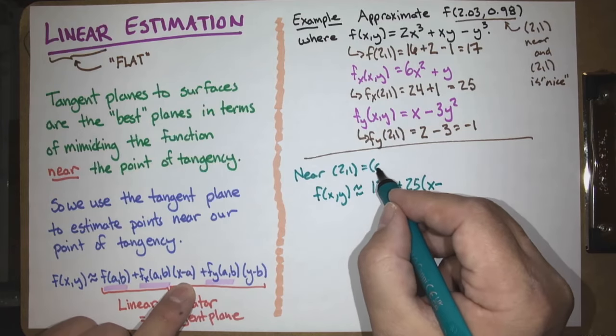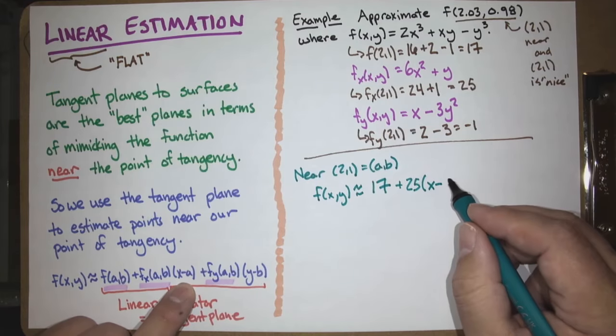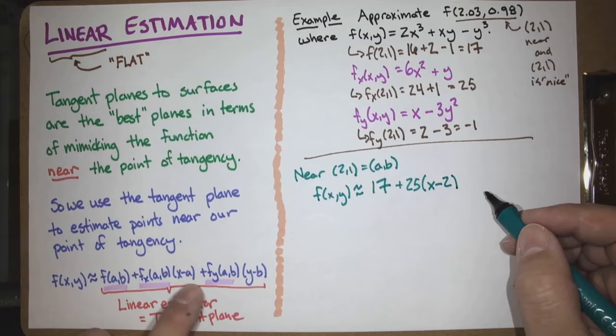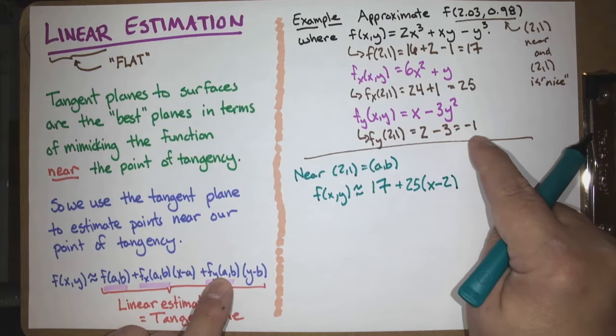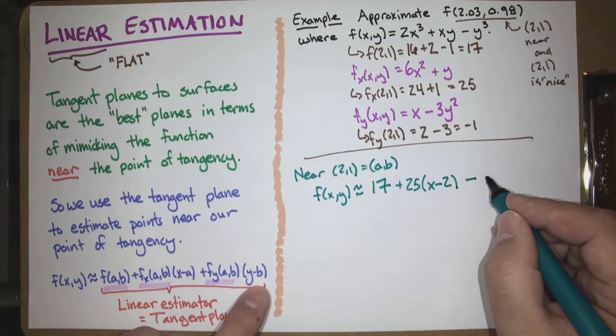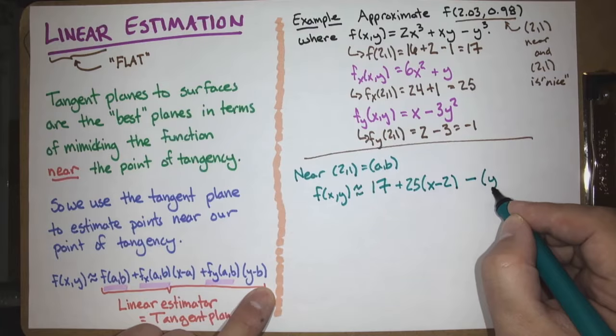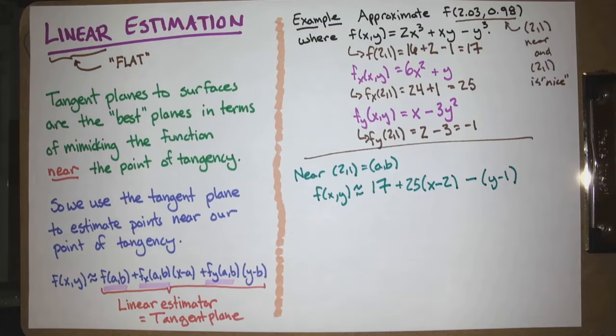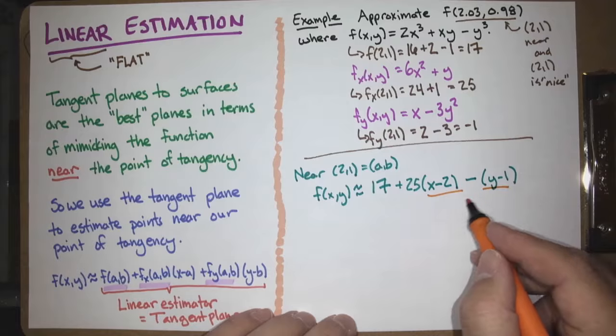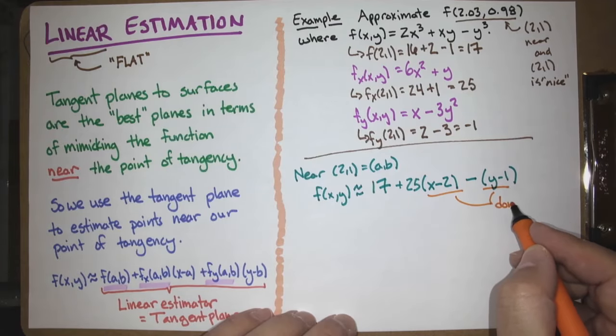So 2, 1, I just point out that's a comma b, so that's x minus 2. And then you add f sub y, which is negative 1, so that makes it a minus, times y minus b, y minus 1. Now, some advice. Don't expand.